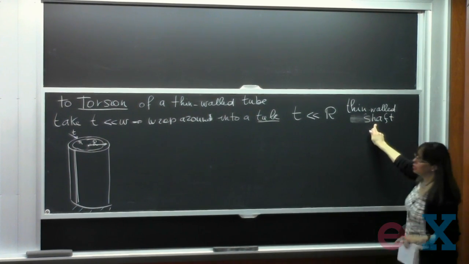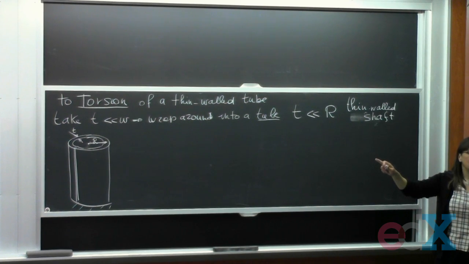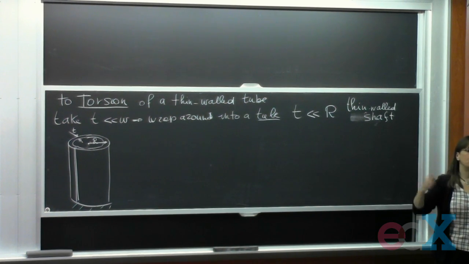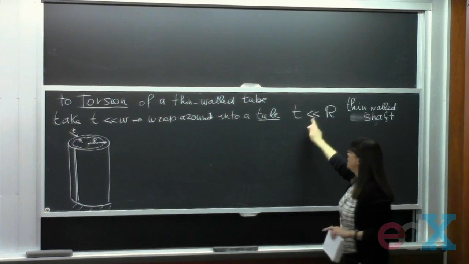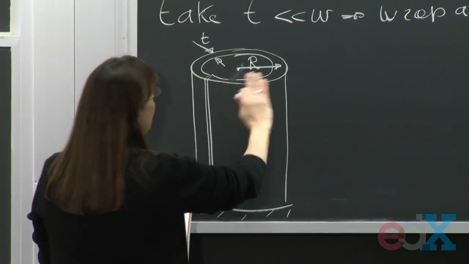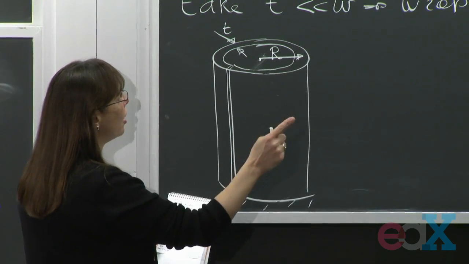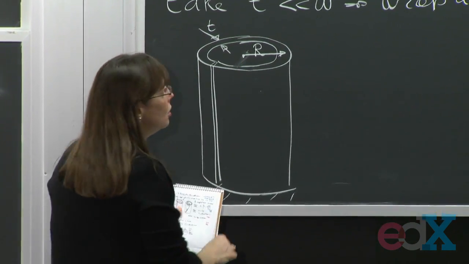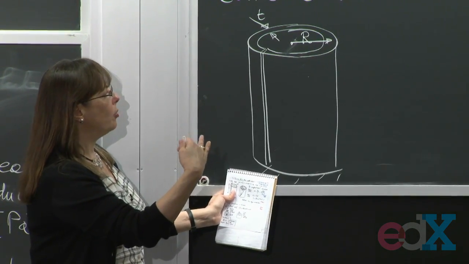So in torsion, the elements that we're dealing with, they're not bars anymore. Just because they are loaded in torsion, we call them shafts. Okay, so these are shafts. And this one that is created by taking a thin wall, a thin sheet and wrapping it is called a thin wall shaft. Okay, so what happens when I put shear on top of this shaft?